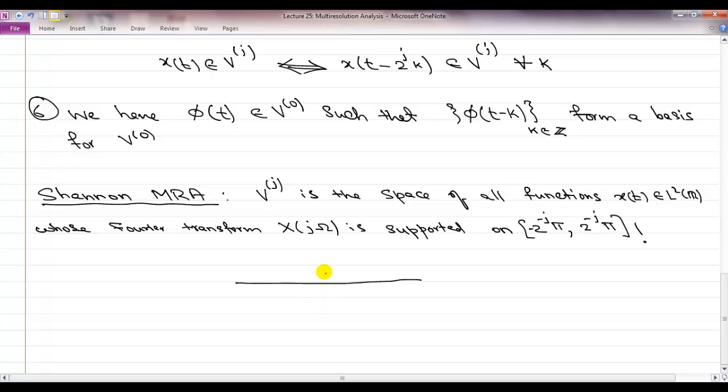For V0, your band goes from minus pi to pi. And from that you can compute the basis of this subspace. What's the basis of band-limited signals? It's all possible shifts of the sinc function. So phi of t in this case is simply sin(pi t) over pi t.